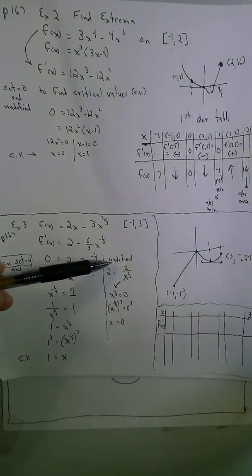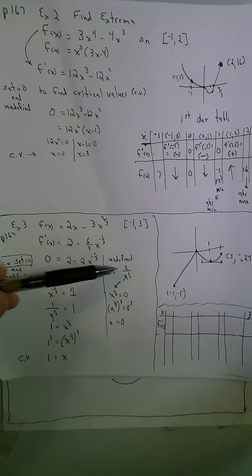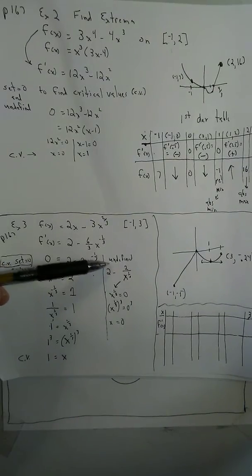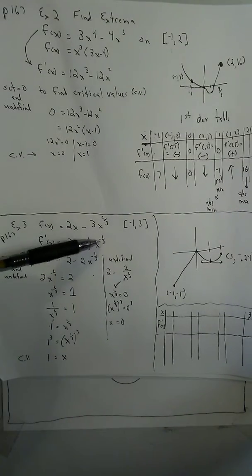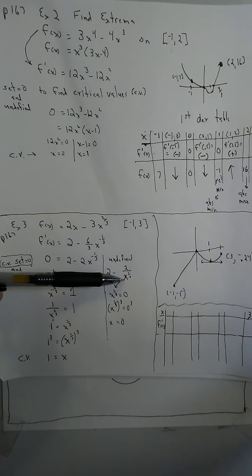Now, usually, to find undefined places, we're going to be working with fractions. So if I look at this derivative, this has the negative exponent. So if I move that to the denominator, I now have x to the 1/3 in the denominator. To make a fraction undefined, the denominator needs to be 0.